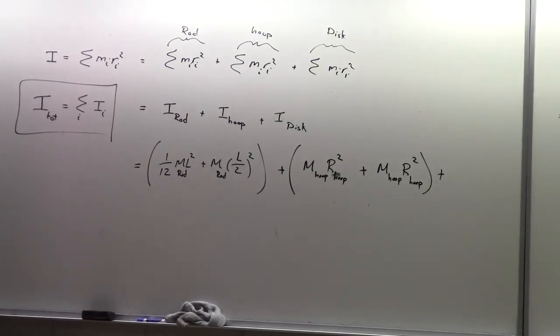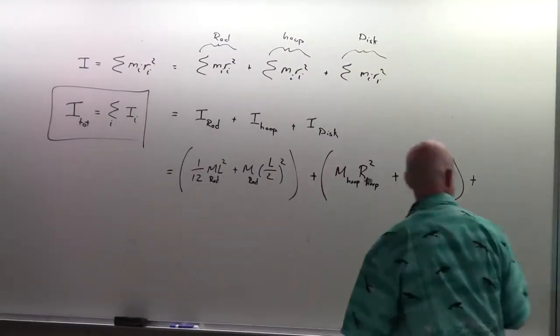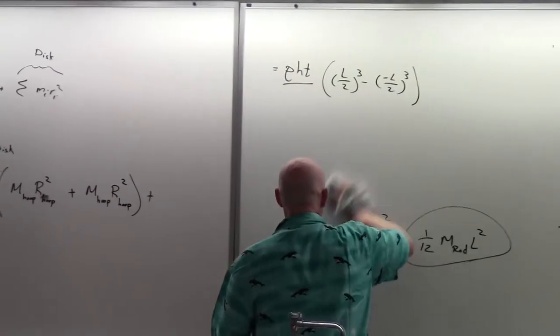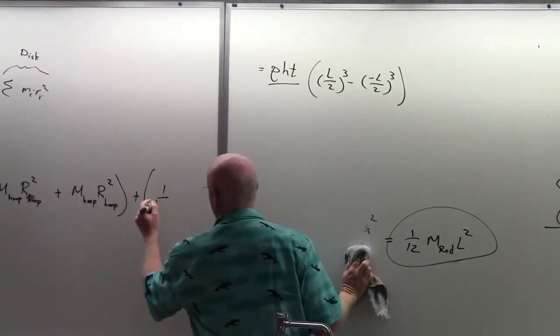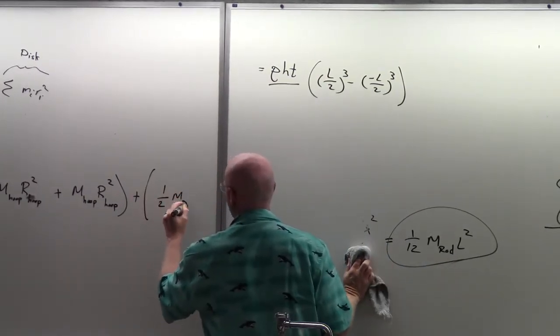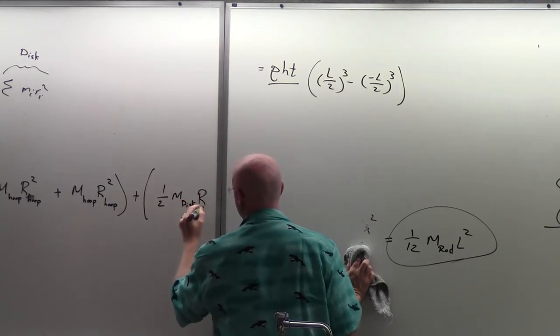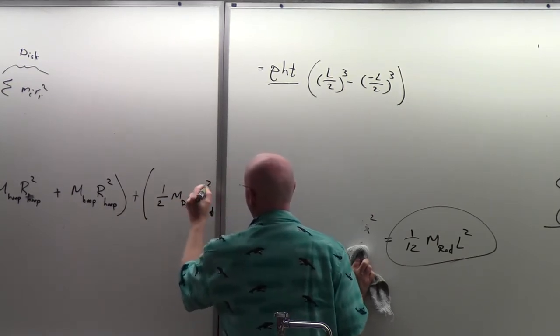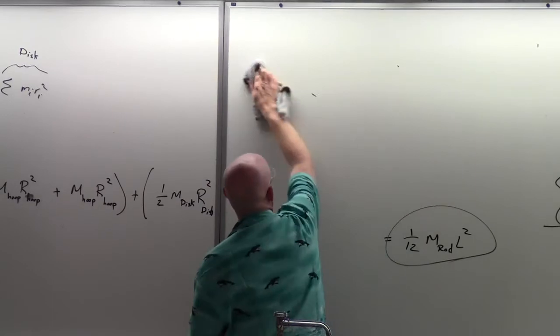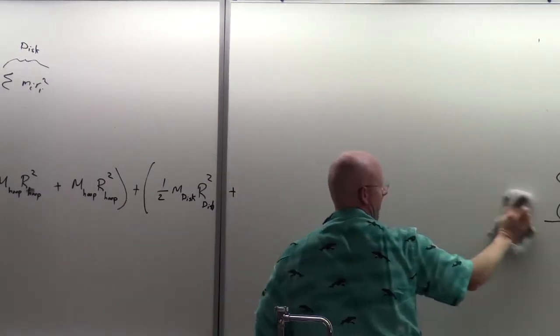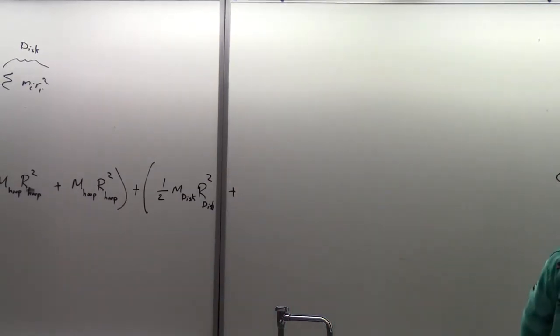How about the disc? Right, and so the disc was this. But again, I should emphasize that was about its center. And is that what we have in this problem?